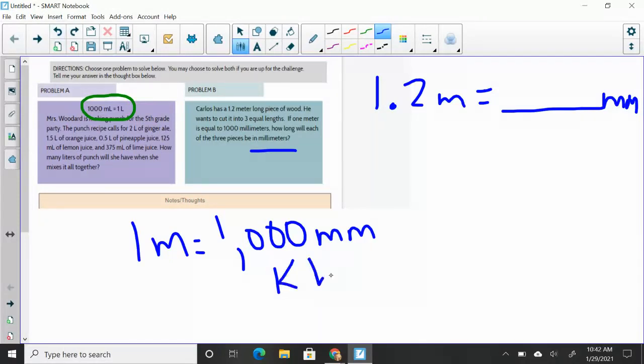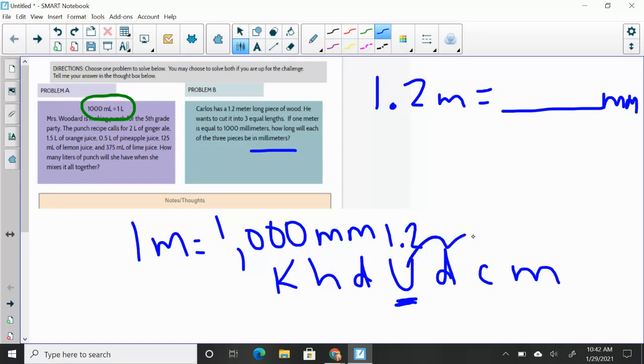We're going from meters, which is our base unit. So we're starting at 1 2/10, and we're going to the right, 1, 2, 3, to millimeters. And so that decimal point is just going to shift 3 spots to the right, which means we're multiplying by 1,000.